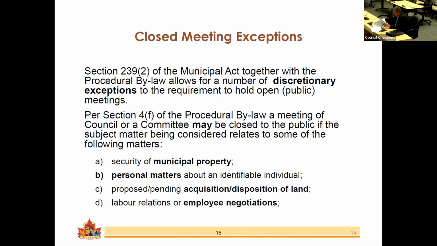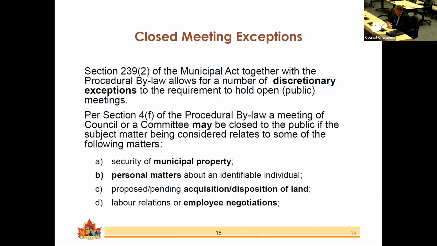There's a number of exceptions, and I just want to quickly go through some of the key ones. So if the subject matter being considered relates to some of these following matters, concerns about the security of certain municipal property, certainly personal matters about identifiable individuals, discussions about either a proposed or a pending sale of land or acquisition of land.